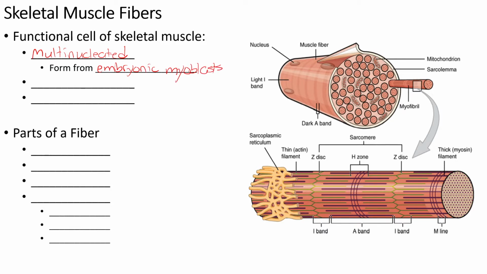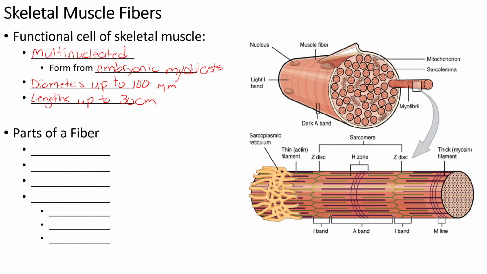The diameter of a muscle fiber, the distance across a circle, can be up to 100 micrometers. And the lengths of these individual cells can be up to 30 centimeters. That's pretty long.